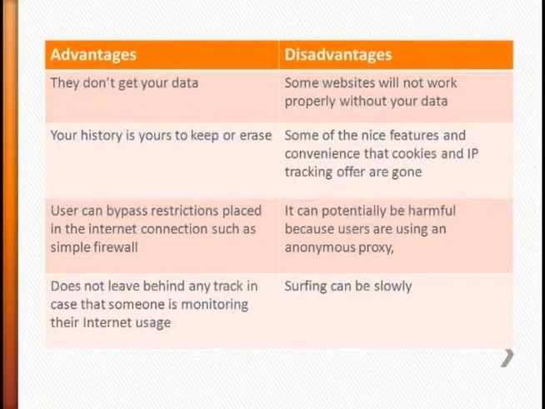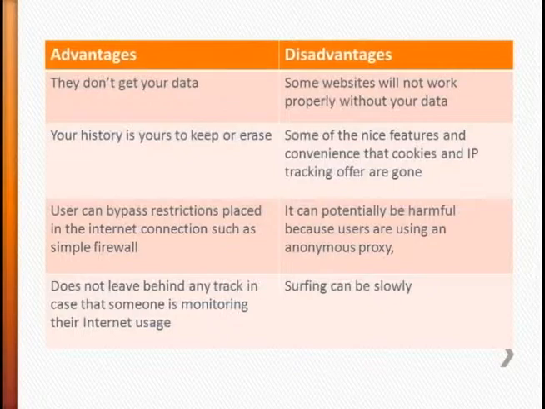Some advantages and disadvantages of anonymous browsing are: they don't get your data. Some websites will not work properly without your data. Your history is yours to keep or erase. Some of the nice features and convenience that cookies and IP tracking offer are gone.